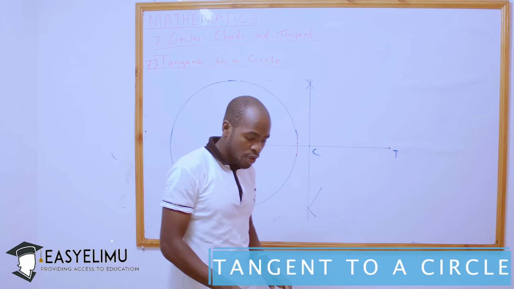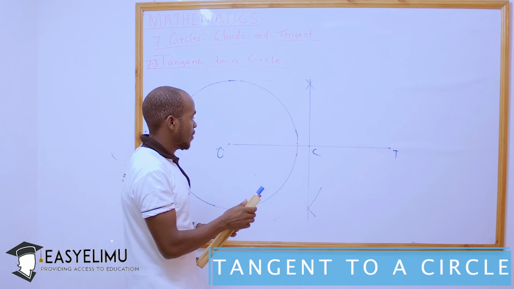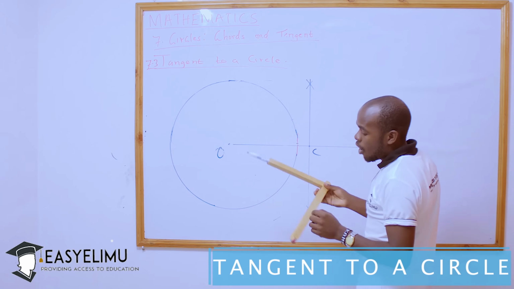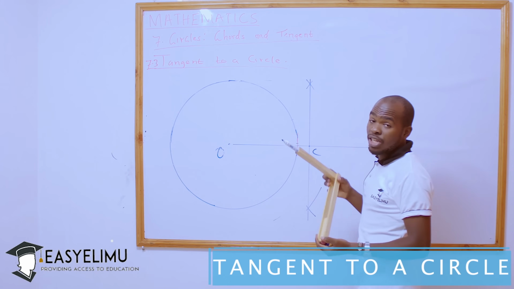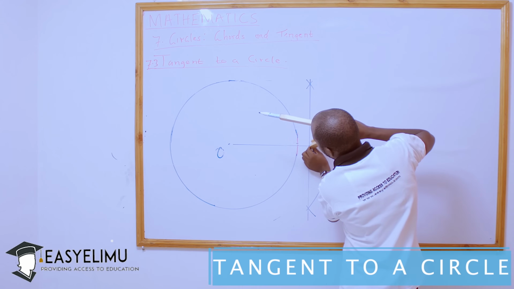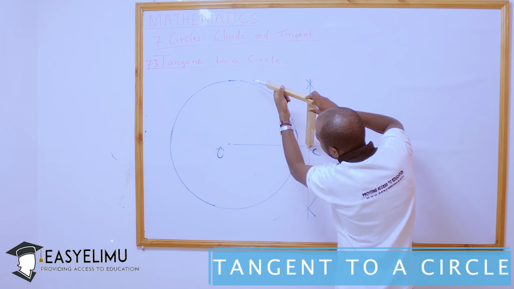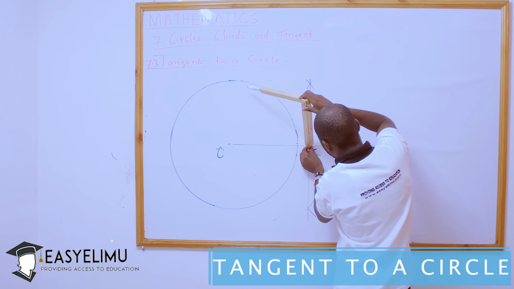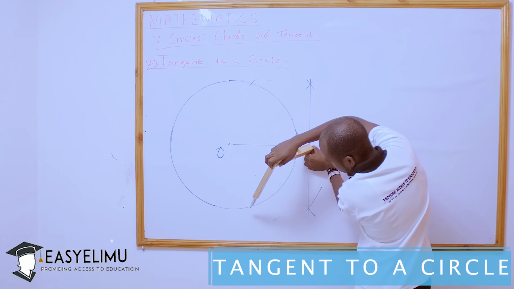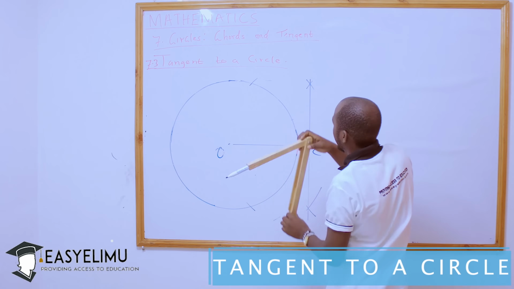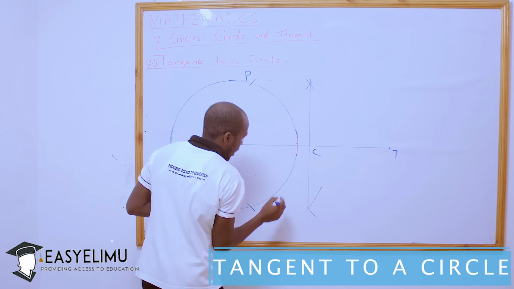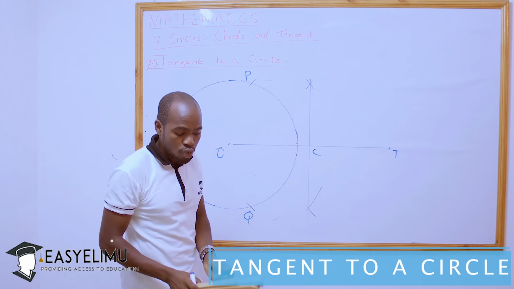Third step, with C as the center of rotation, open any radius and cut the circle at points P and Q. For example, I'm cutting at that point and also at a point there. The upper point I'm calling point P, and the lower point I'm calling point Q.